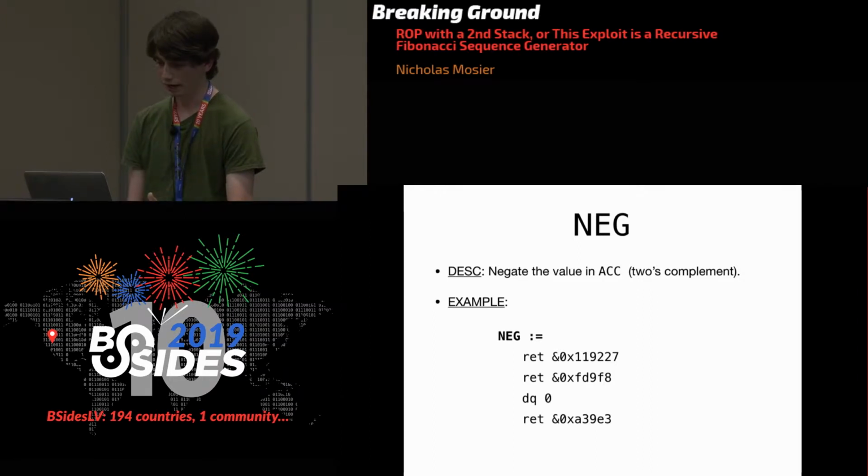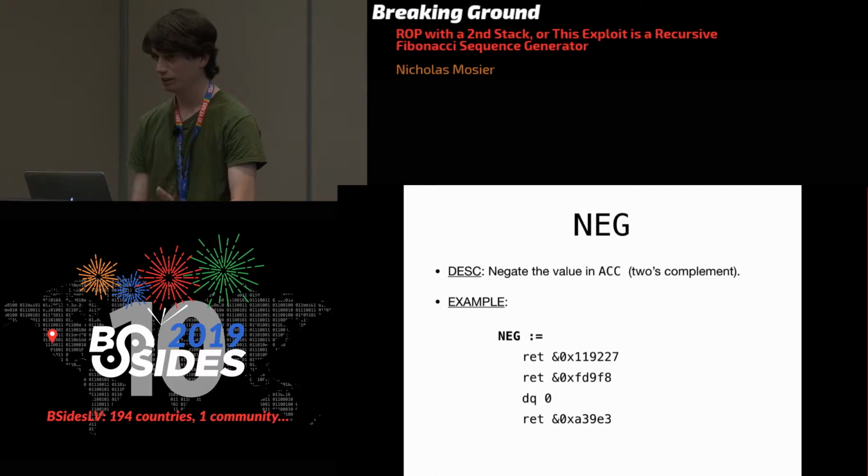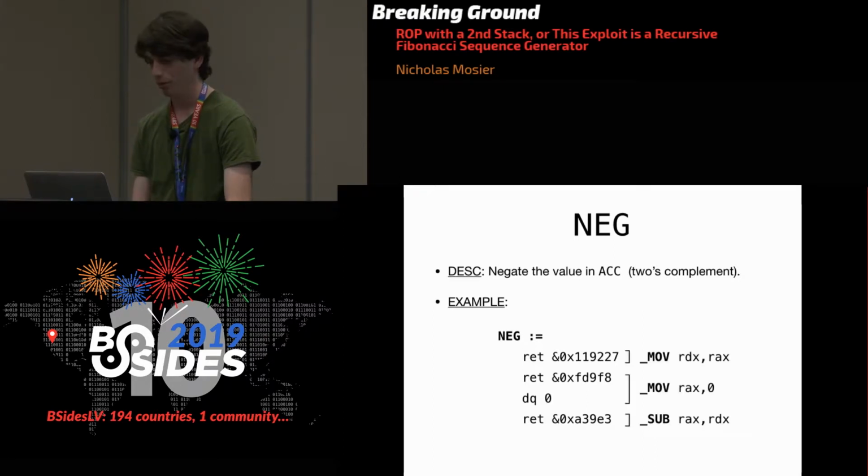Here's the negate instruction, but you can soon see this is more complex, and you begin to notice that these gadgets here are not very informative. Just listing the addresses is not very informative at all, so that's why my ROP compiler allows you to rename them based on what they actually do.